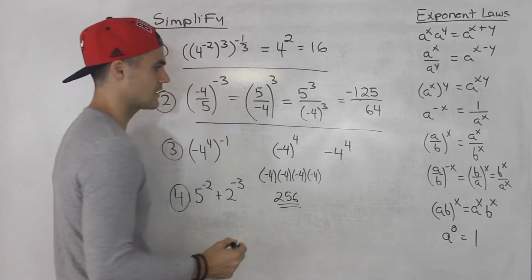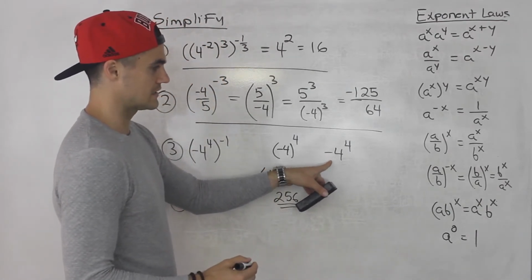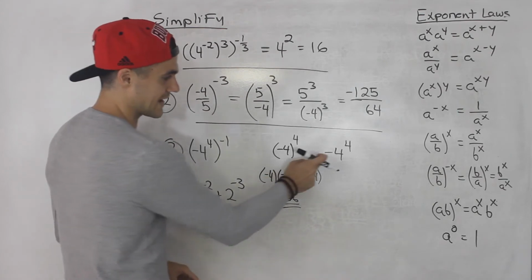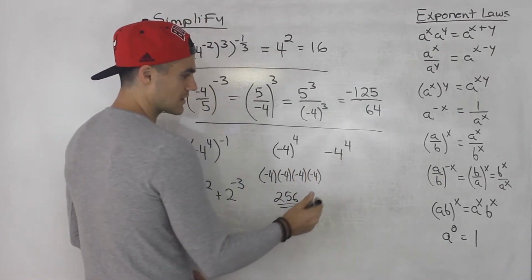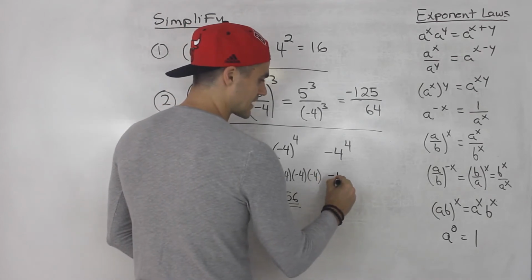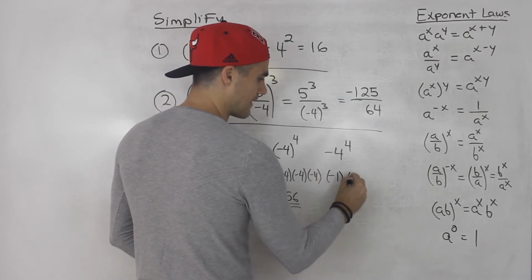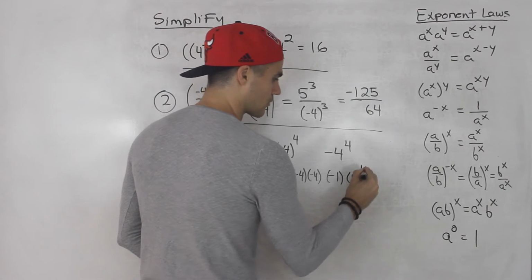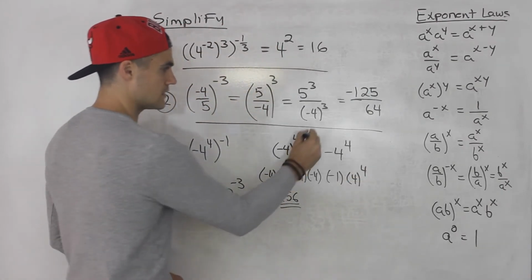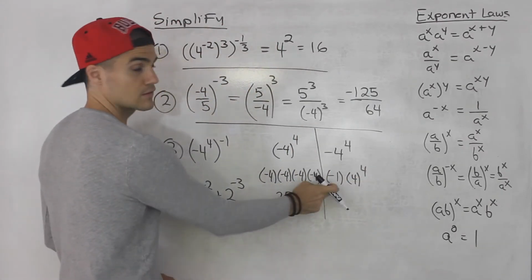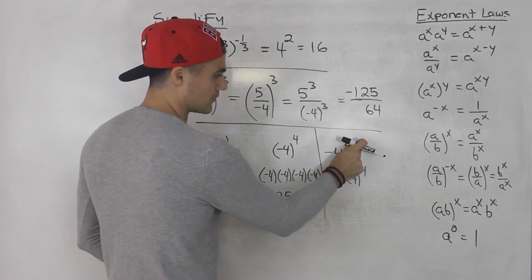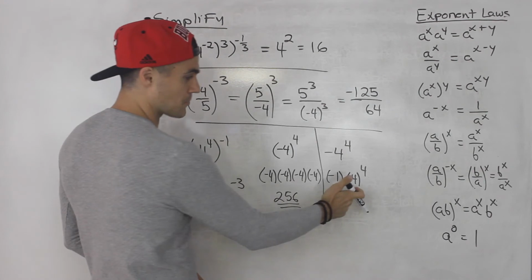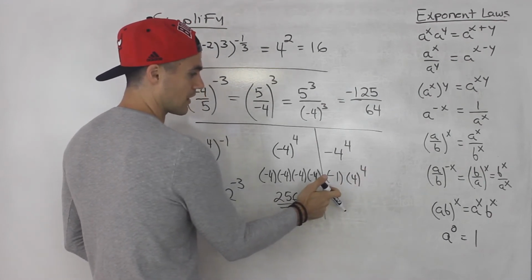However, if you see something like this, where the negative is in front of the 4 but not in brackets, then you can rewrite this as a negative 1 in front, and then this positive 4 is to the power of 4. Do you see the difference between these two? With BEDMAS, we have to do exponents first, and then we multiply.